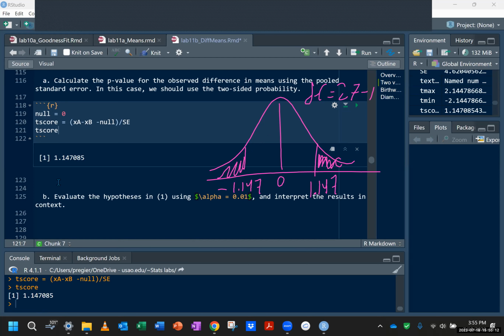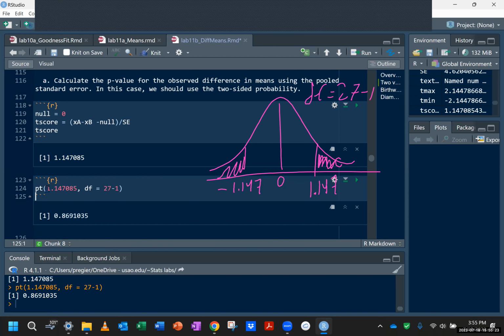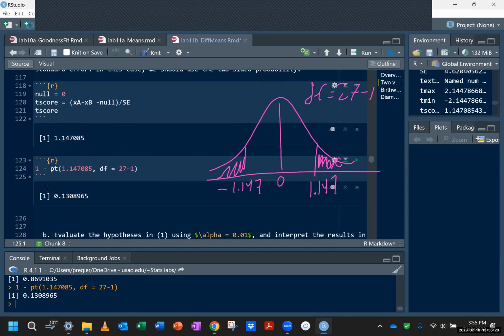So now we can say pt of what we found, degrees of freedom 27 minus 1. Oh, and I've got to say 1 minus to get the upper tail. And then I'm going to double that.